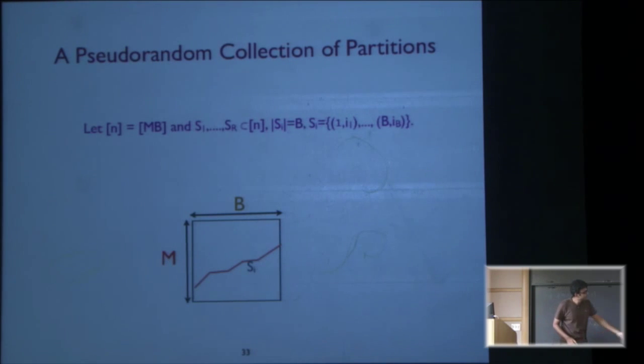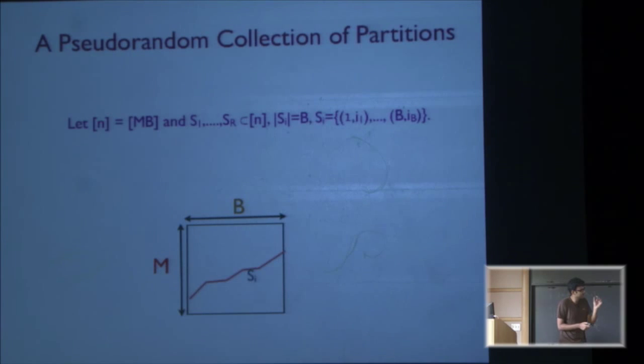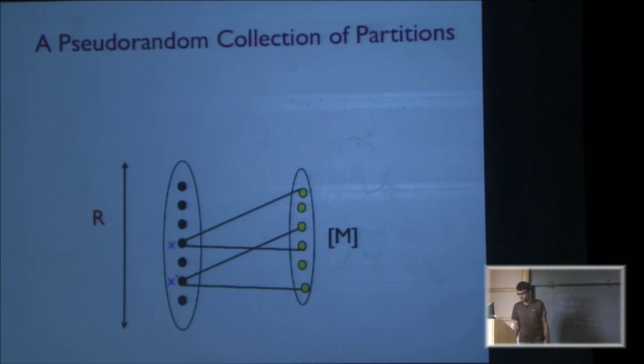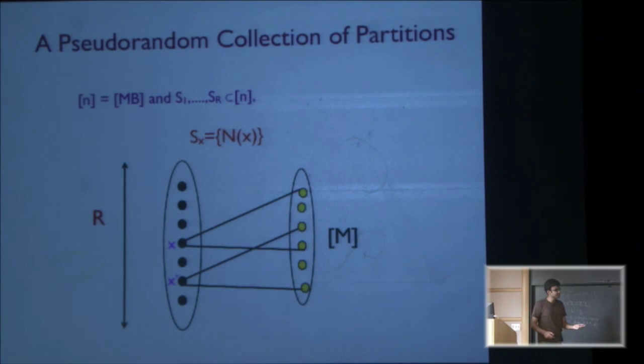Suppose S_i looks like this. Using this, we can think of S_i as a block in a partition and shift S_i to get all the different blocks of the partition. So by shifting, this naturally corresponds to a partition, and each of these S_i can be used to get a partition. The way we define these S_i is as the neighborhoods of each of these inputs x.